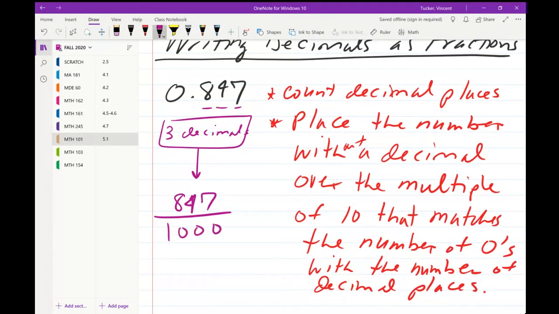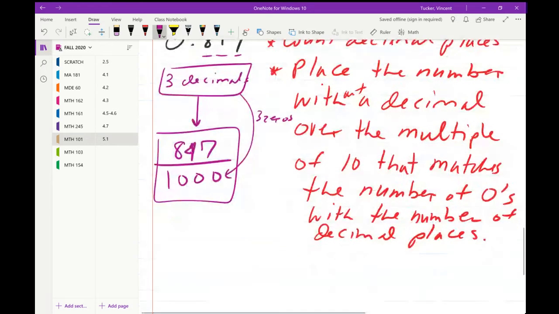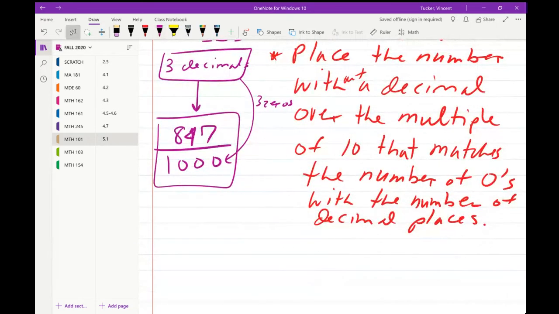In other words, I would have 3 zeros behind my 1. And that would be how you would set up your fractions. And if you can reduce, then you will reduce. If not, then everything's all good.